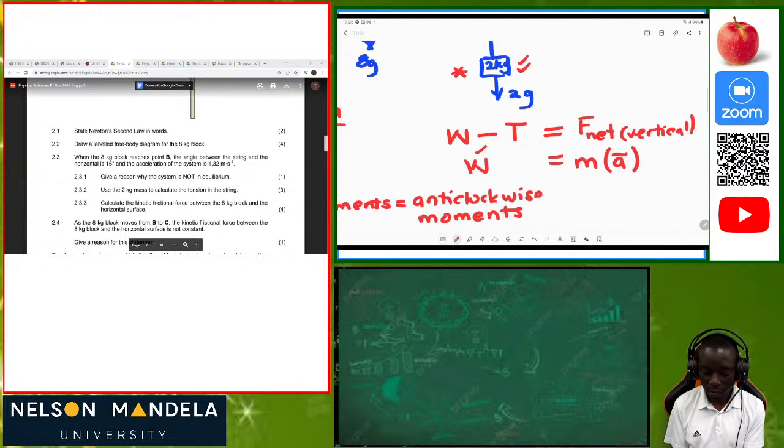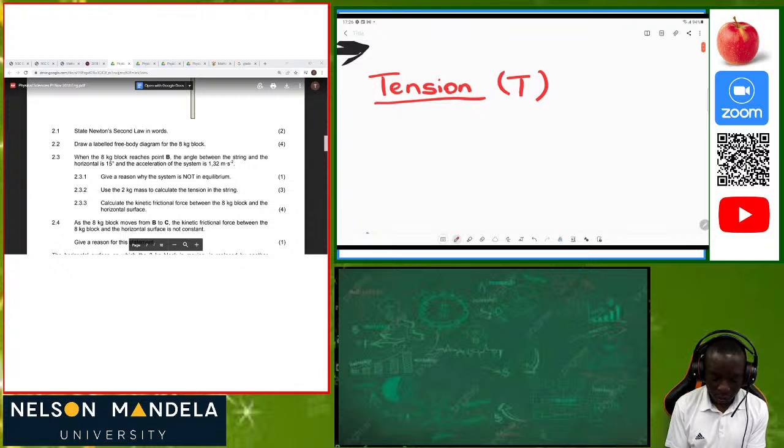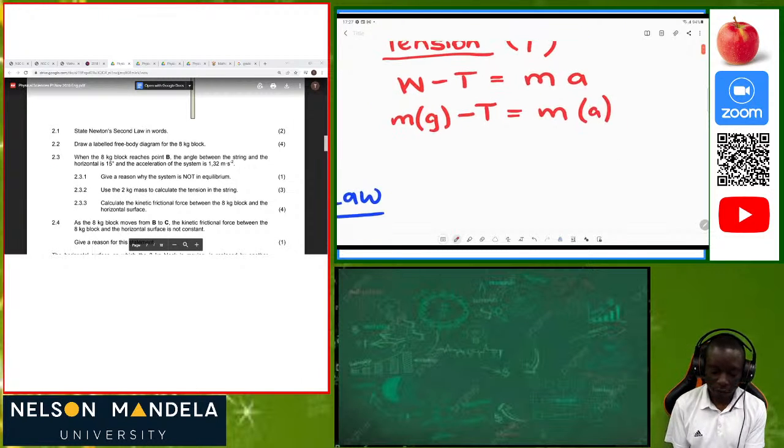So we have created an equation. We know W, we don't know T, but we know M and we know A. So T is the only unknown. Let's find out what T is. We rewrite the equation: W minus T equals M times A. W is the weight, which is the mass times the gravitational acceleration, minus the tension, equals the same mass times the acceleration which we are given.